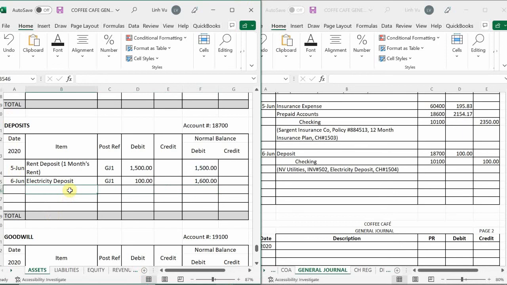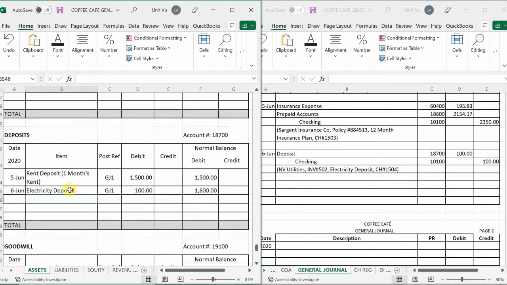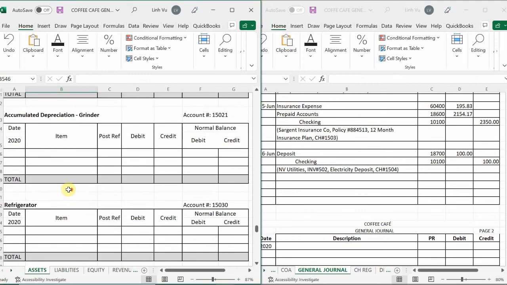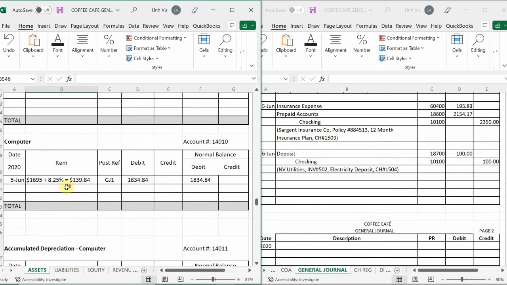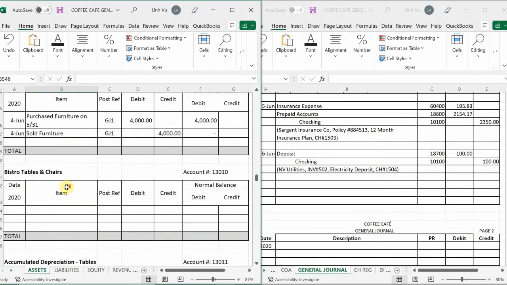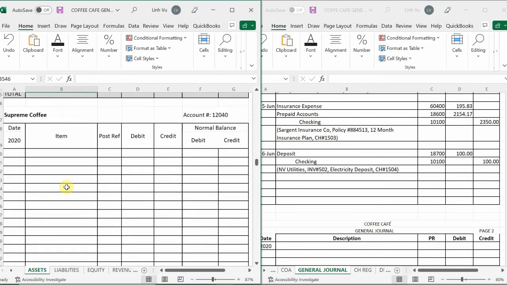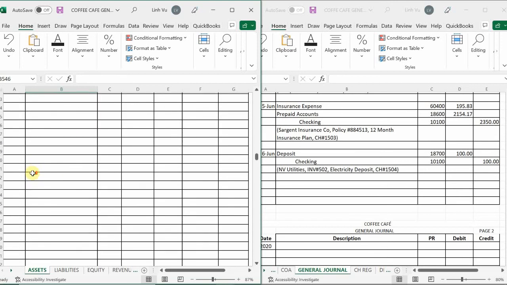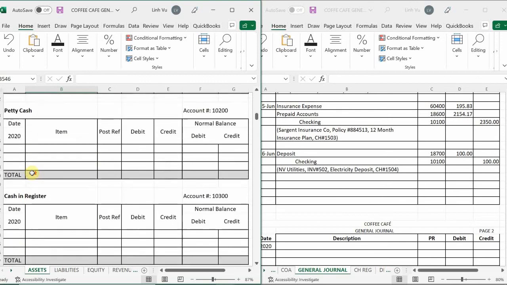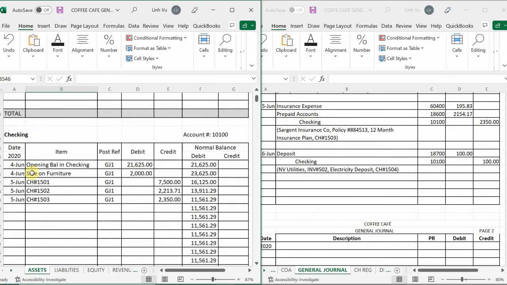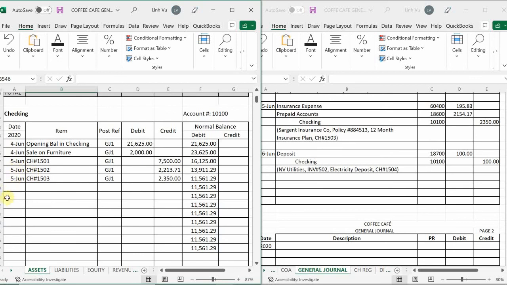And since I wrote my check out, I also need to update my checking account. I wrote check number 1504. I'm still on my first page of my journal, and I cut a check for $100.